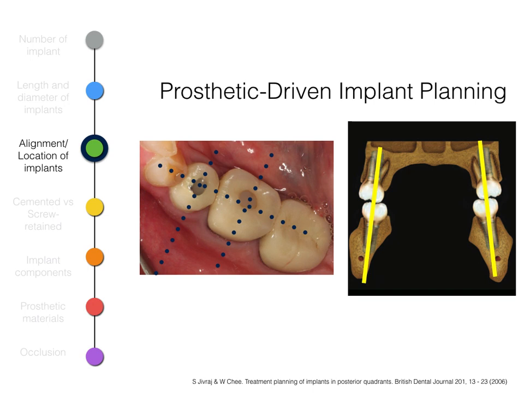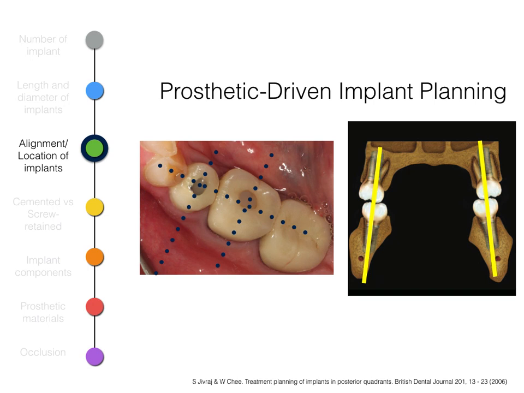Nowadays, we use the prosthetic-driven implant planning concept to design the implant restorations. The reason is that we want the implants to be in the center of the restorations. So first, we have to determine how wide and how buccal-lingual the implant restoration should be, and then we place the implant ideally into the center of the restoration.